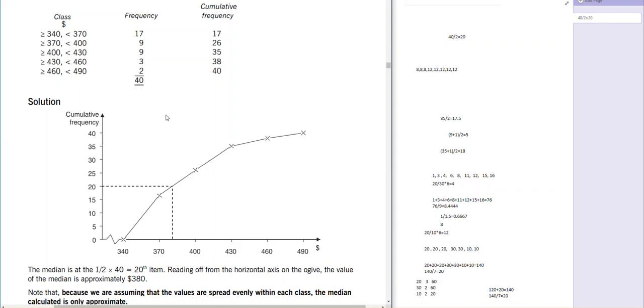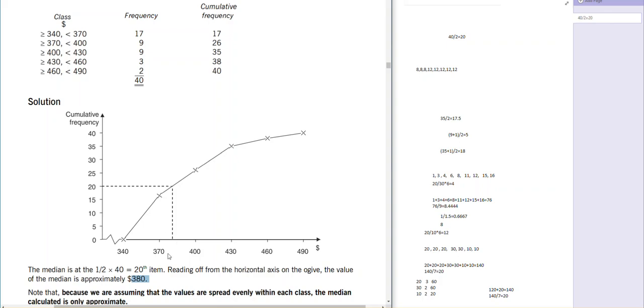So if you want to find the median, which is the 20th, whichever value is here, which is between 370 and 400, that is your median, which approximately becomes 380, because it is a little bit higher than 370.